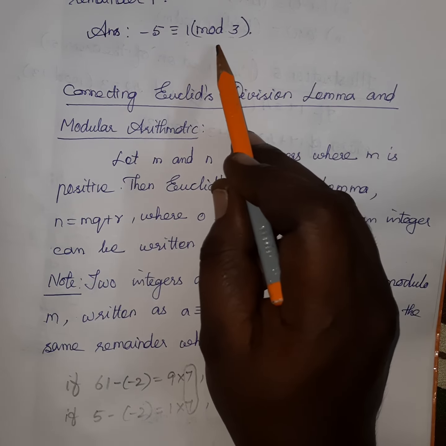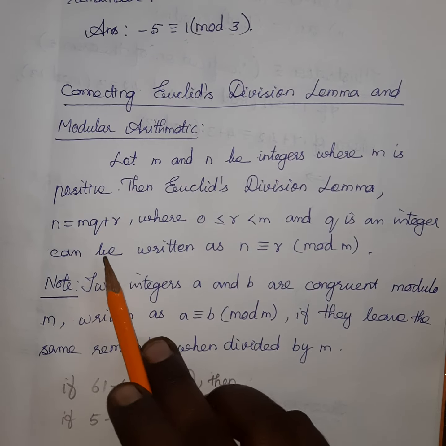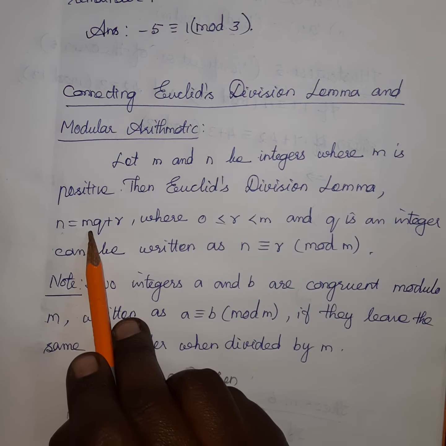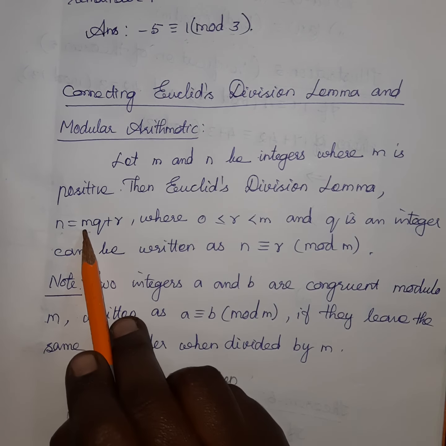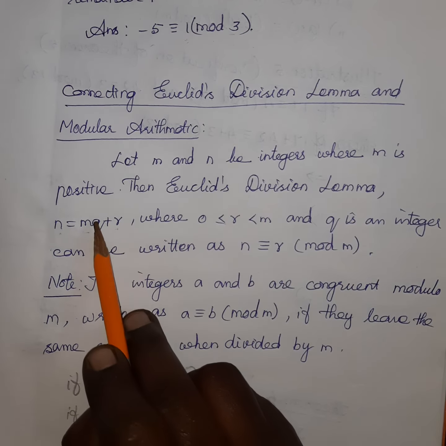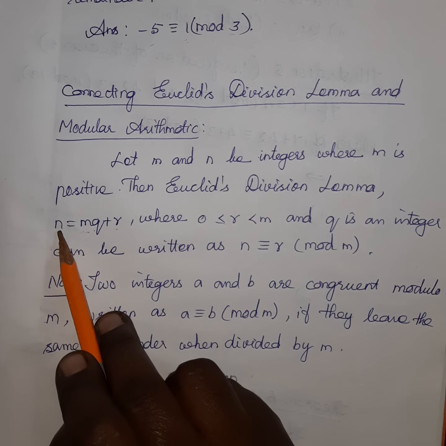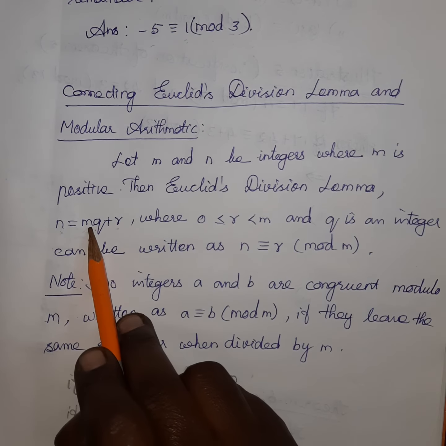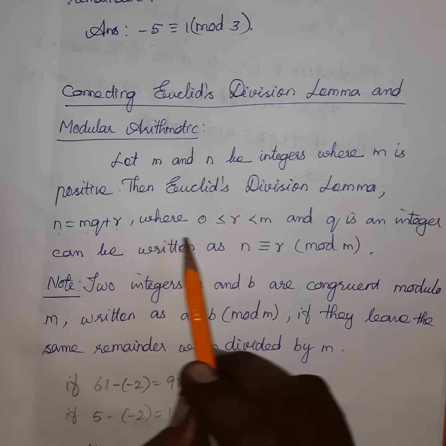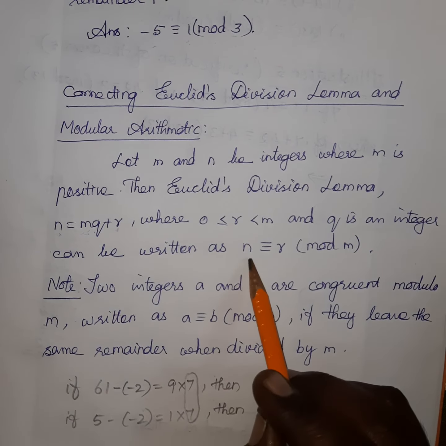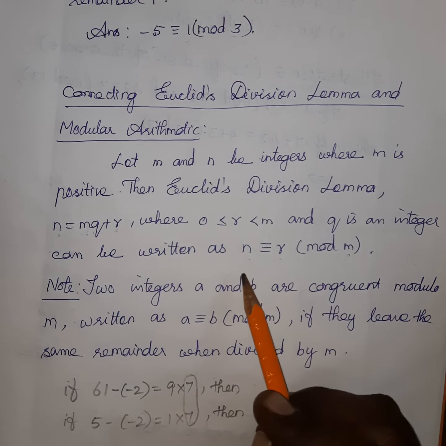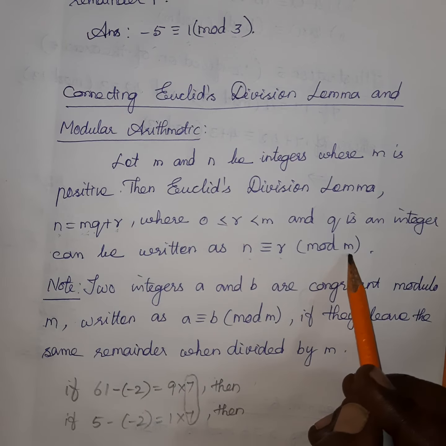In the division lemma, we have the number n and we are dividing by m. It is the divisor, that means the modulo value, and r is the remainder. Don't think about the q here. Here n is the given number, m is the modulo, the divisor, and r is the remainder. So we can write n is congruent to r mod m.